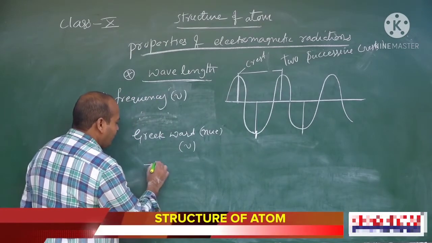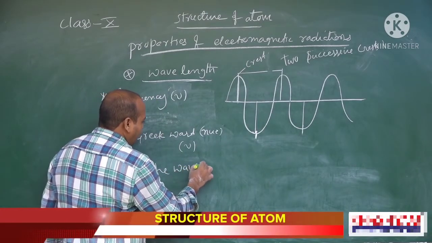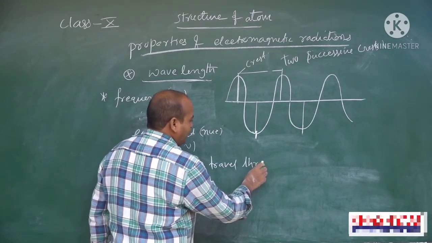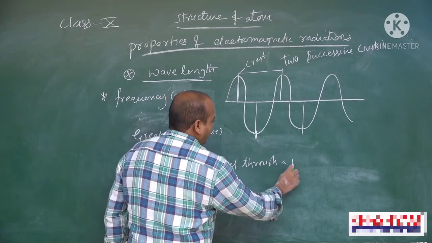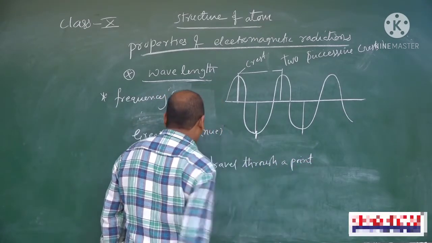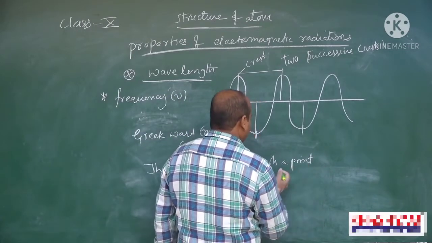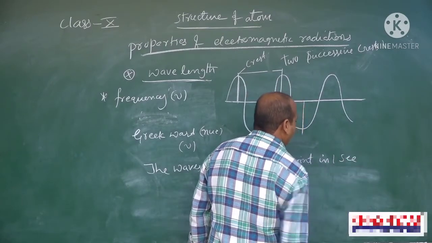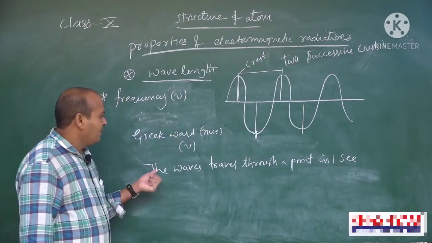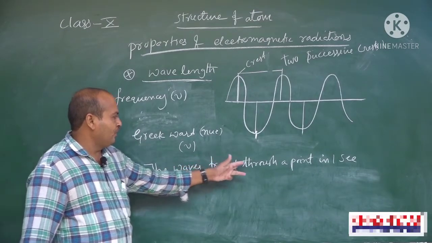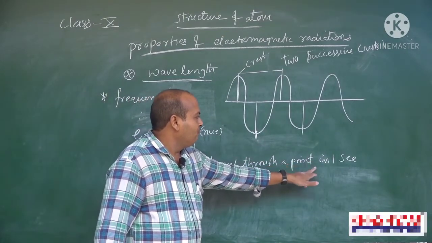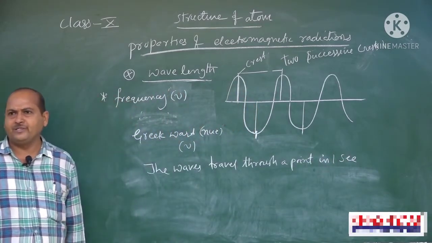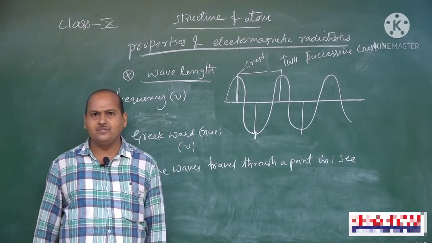The number of waves that travel through a given point in 1 second, or per unit time, is called frequency.